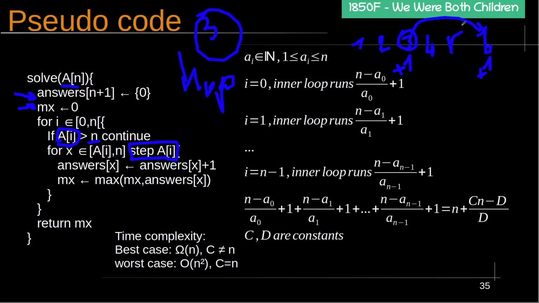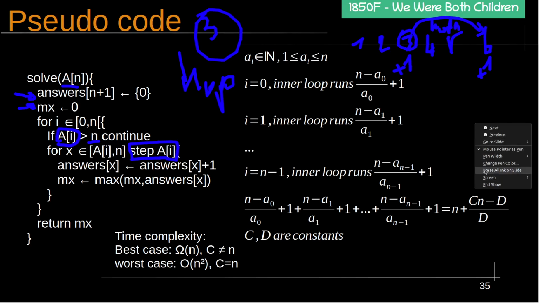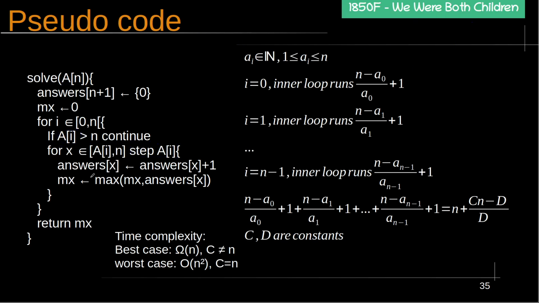This is the hop of that frog. And every time we update the answers at that element x, we compute the maximum, which is the maximum number of frogs that could be caught by Mihai and Slavic. And finally we return that maximum.